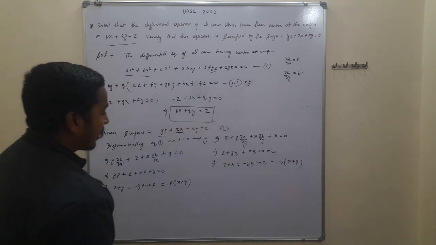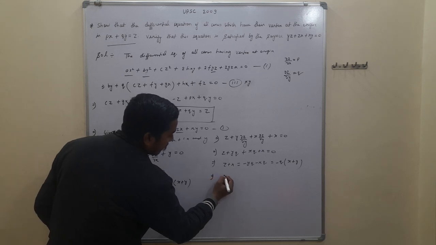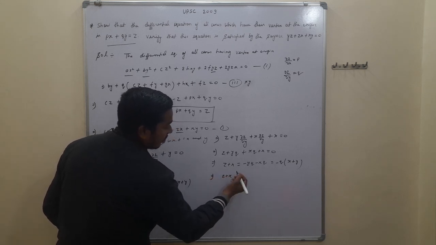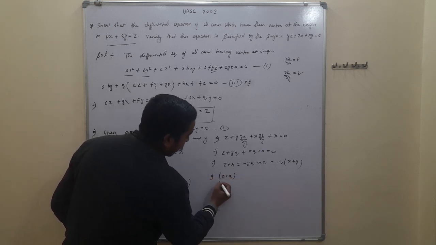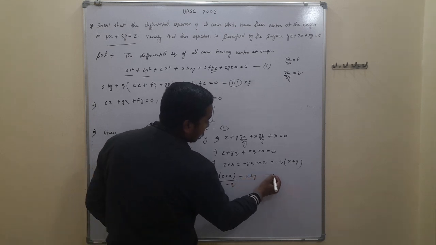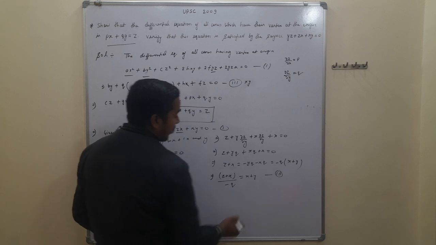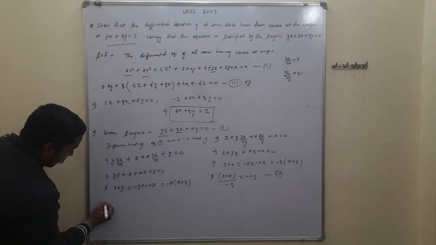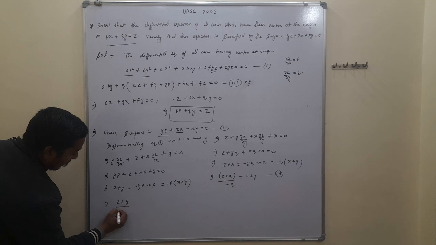Further, we can also write this as (z plus x) upon minus q is equal to x plus y. Let this be equation third, and from here we can also write (z plus y) upon minus p is equal to x plus y.